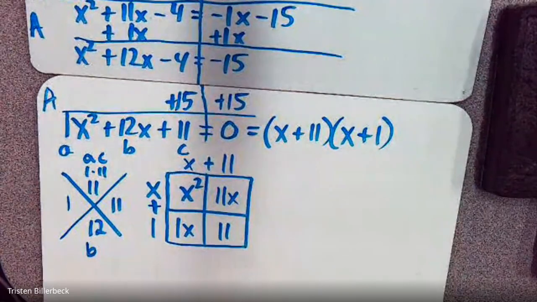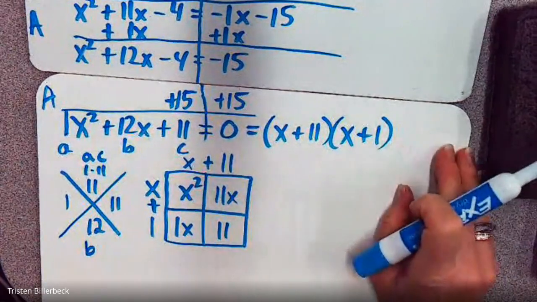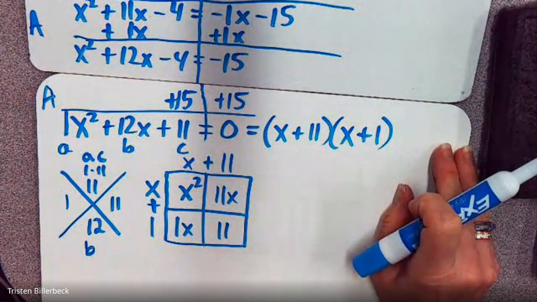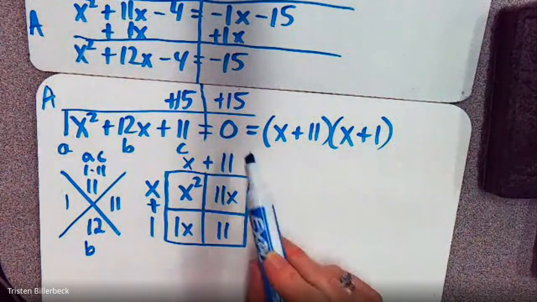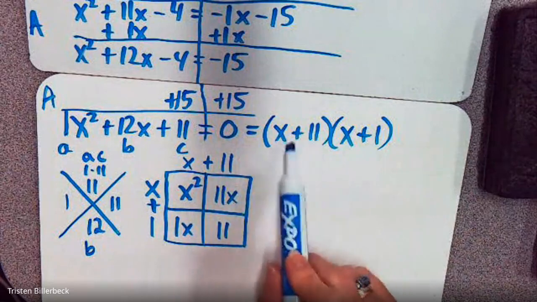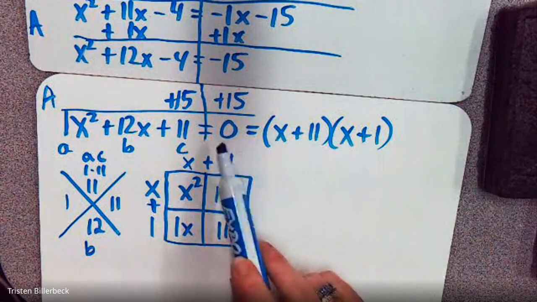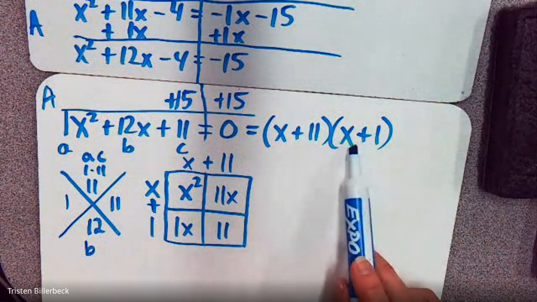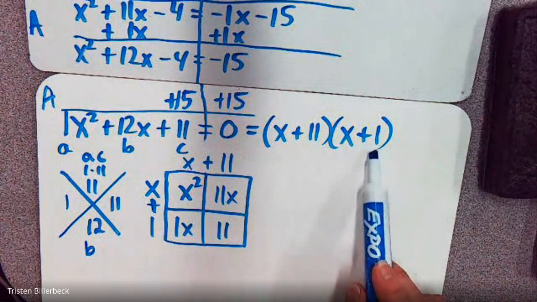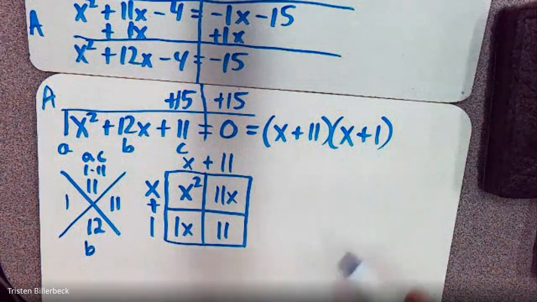We can use it in our special cases that you learned, and we can also use it in the not so special cases like this one. All right, but if we notice that these two parentheses, when they're multiplied together, equal 0, that means either x plus 11 equals 0, or x plus 1 equals 0, or both of them equal 0.